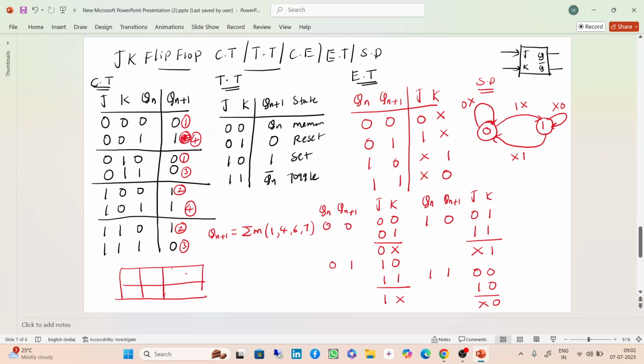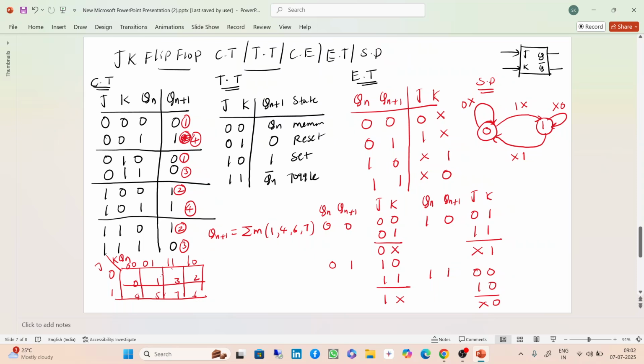Based on the min terms you need to draw the K-map. So this is J, this is K Qn, with 0 1 0 0 0 1 1 0 1 1, and cells 0 to 7.